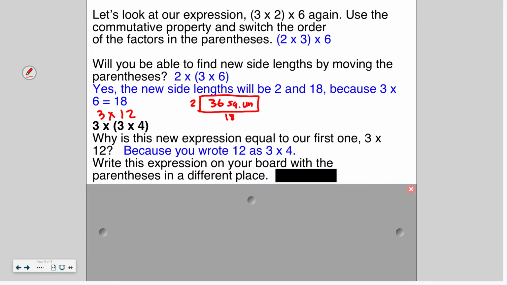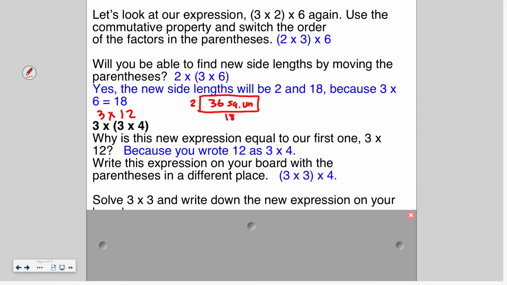So write this expression on your board or wherever you're writing with the parentheses in a different place. What would our new expression be if we move the parentheses? All right, so I would now have 3 times 3 in parentheses times 4. So let's solve 3 times 3 and write this new expression.